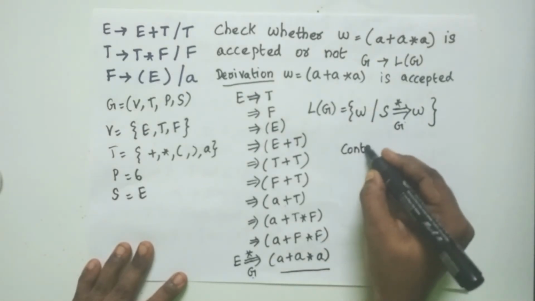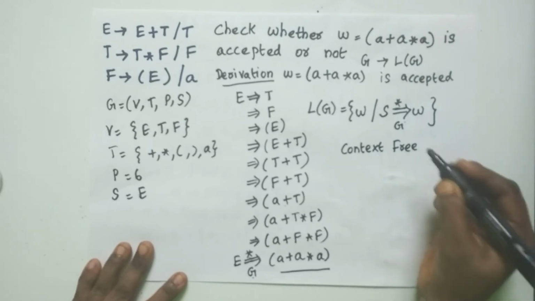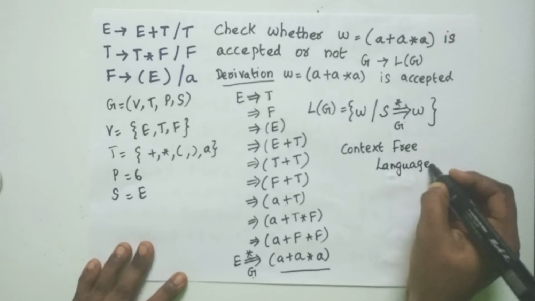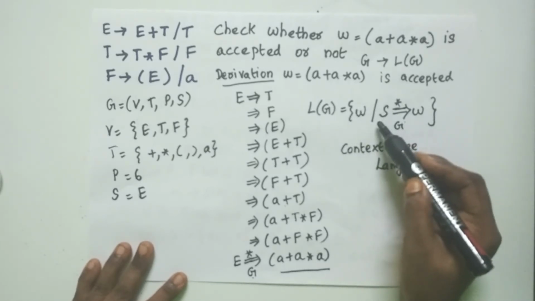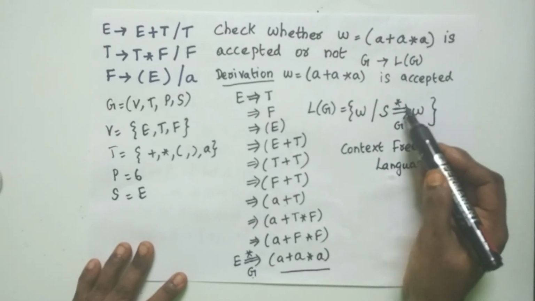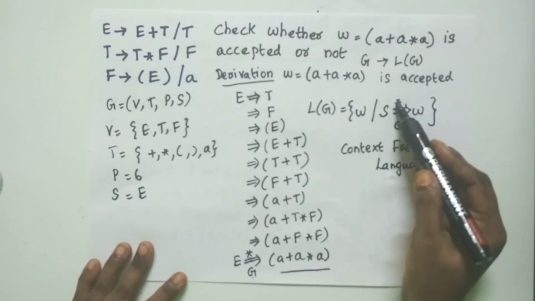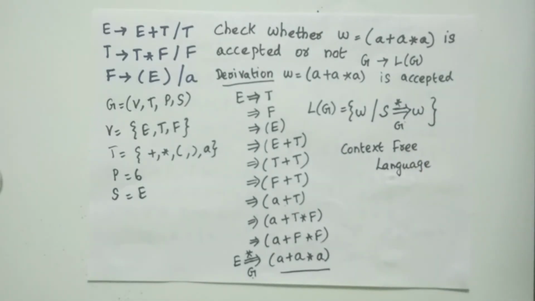So if you have a grammar G, then the corresponding language is said to be L of G and it is said to be a context-free language. L of G equals the set of all strings W where W is derived from the starting symbol by using the productions of the grammar in 0 or more steps. This is the context-free language.